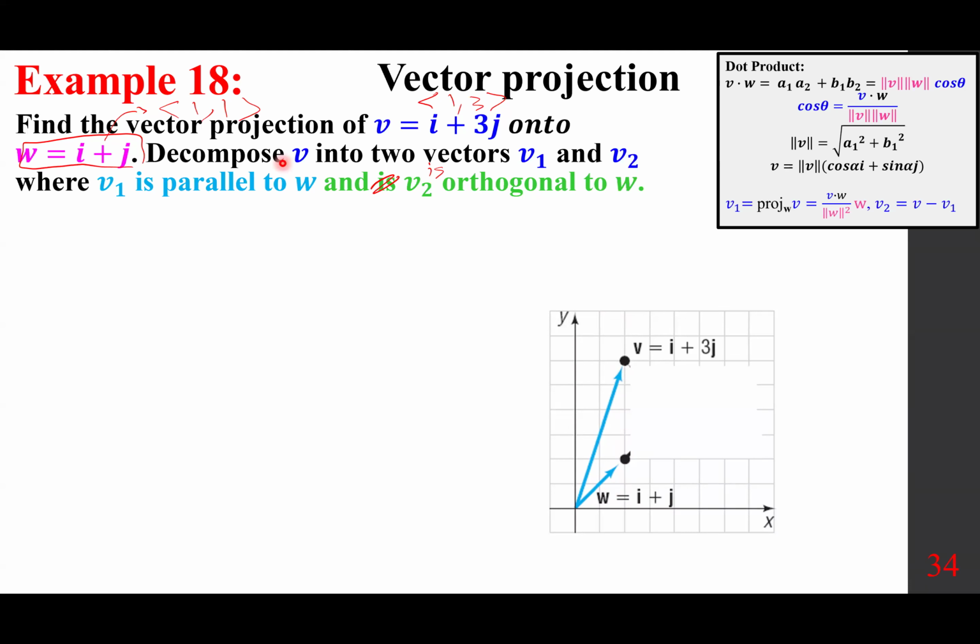What we want is to decompose the V into two vectors, V1 and V2. V1 is parallel to W. So extend that, because it's easier actually to graph it. You have to imagine this is an axis. So you want to drop a perpendicular, and this becomes the one which is parallel to that, V1.